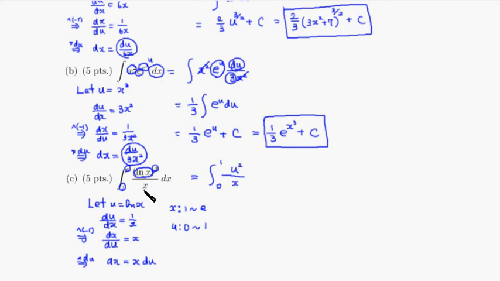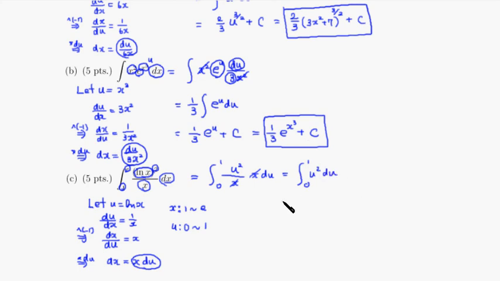Then dx, we just found, is the same thing as x du. So we put x du here. Then you can see that the x and x cancel out. So what you get is a really simple definite integral from 0 to 1 of u squared du.